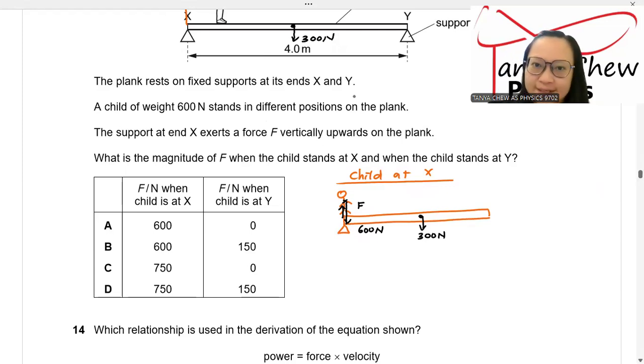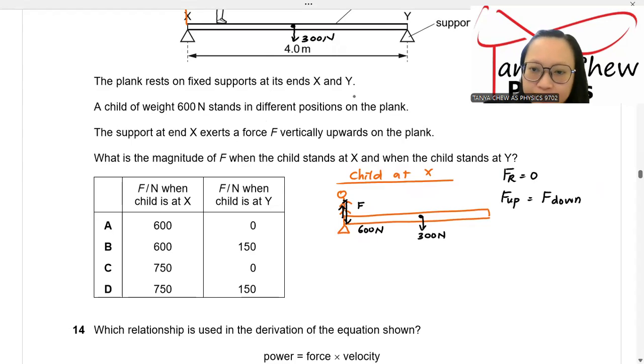Since this plank is horizontal, the resultant force must be equal to 0. That also means the upward force is balanced by the downward force.